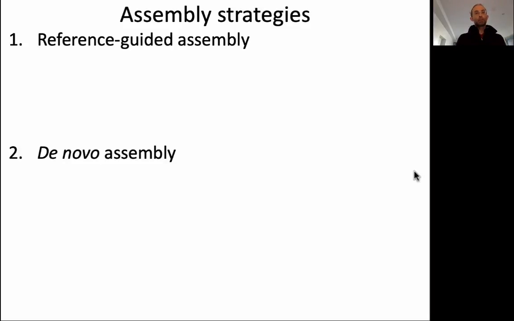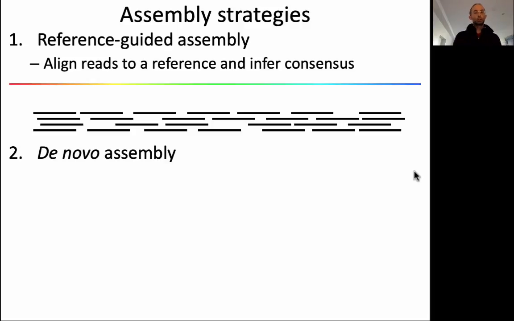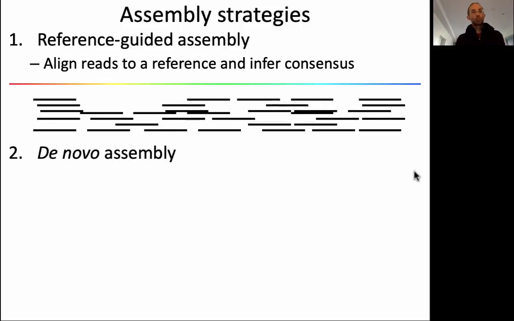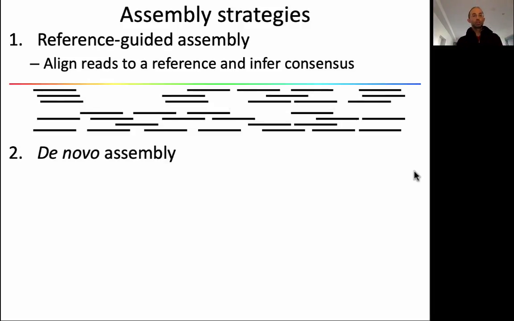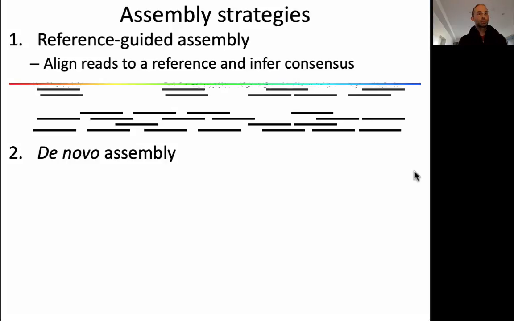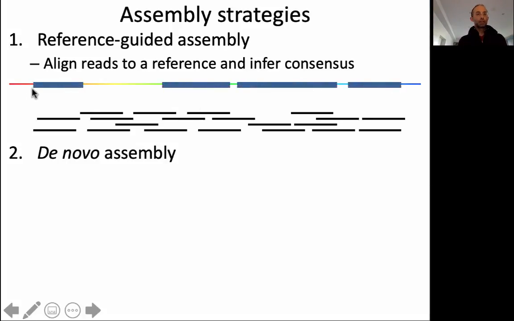So if we have a reference genome of a very similar organism, something like the same species, then we can take that reference genome and map the reads that were sequenced by the DNA sequencer to this reference genome and identify the consensus nucleotide at each of these positions and infer a consensus sequence that represents the information in the sequencing reads rather than in the reference genome.